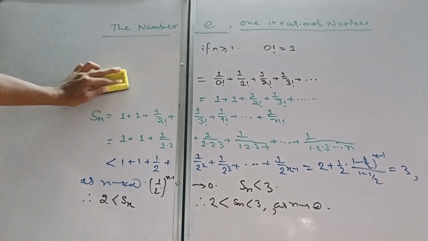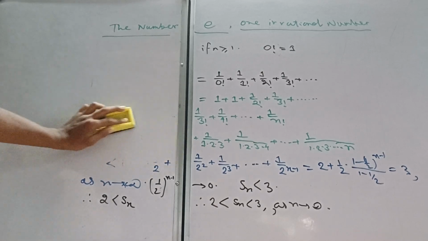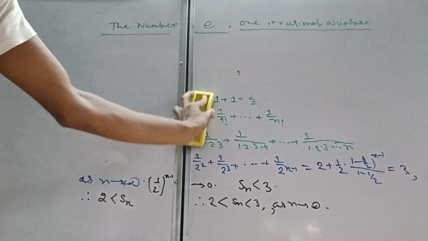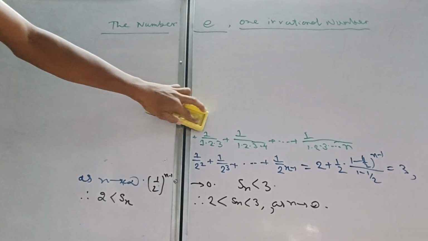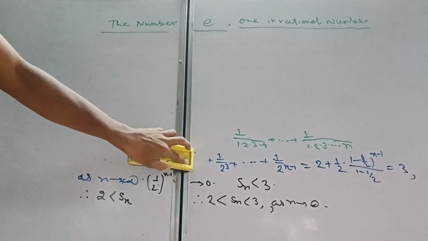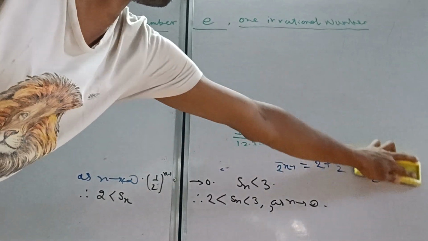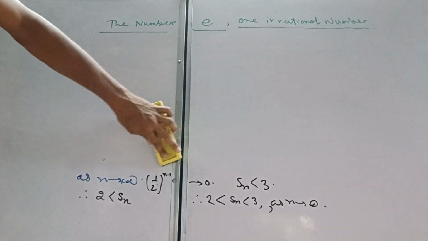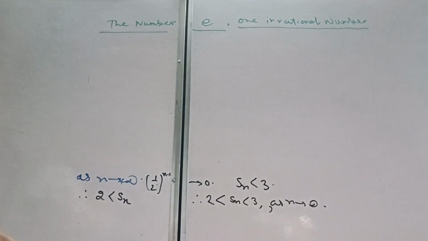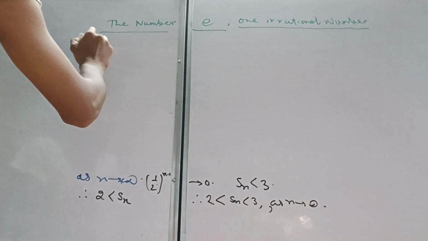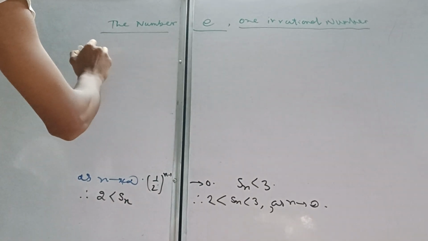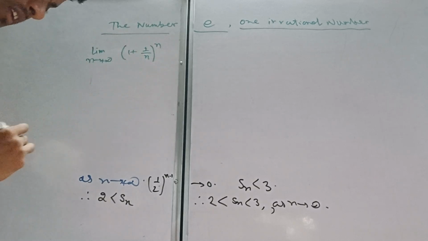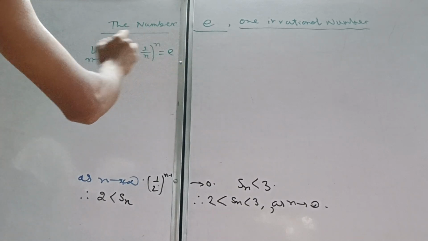Now, the limit as n tends to infinity of (1 plus 1 by n) whole to the power n equals e. We prove this.